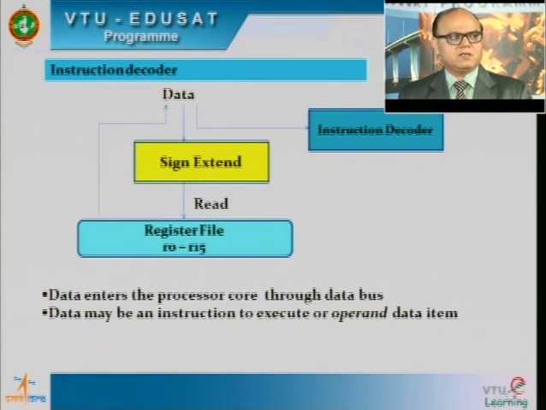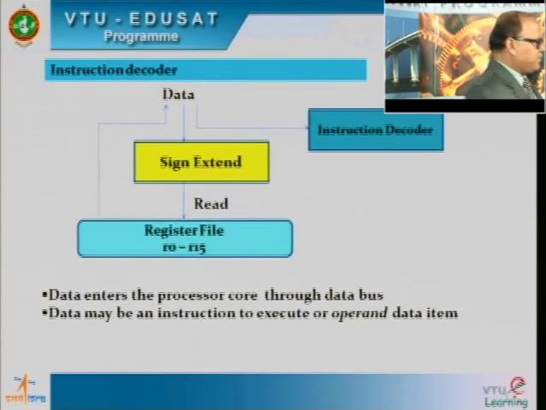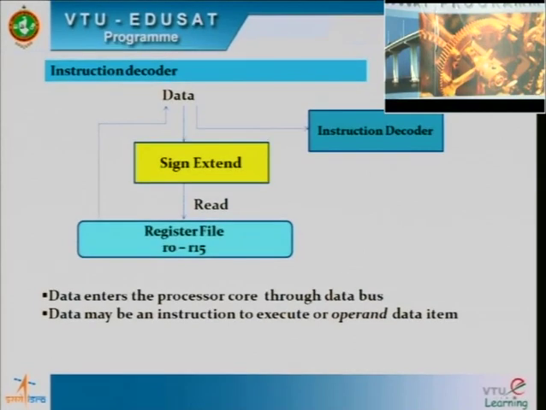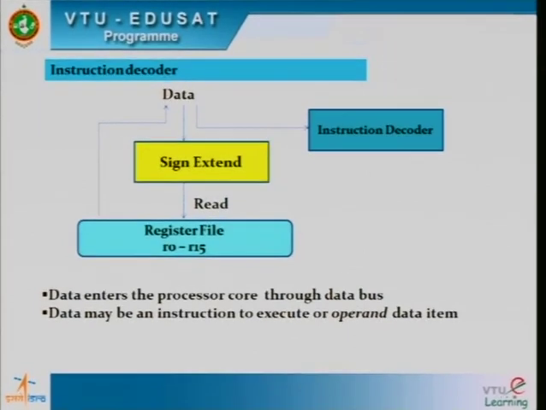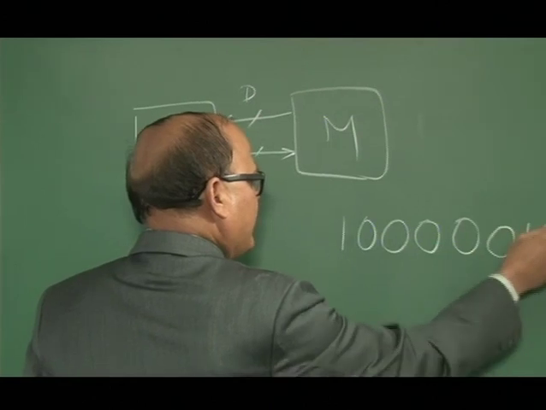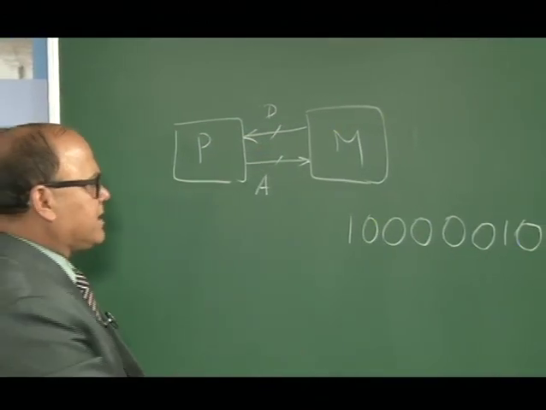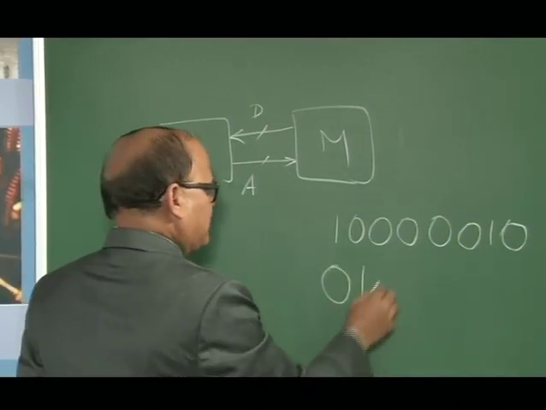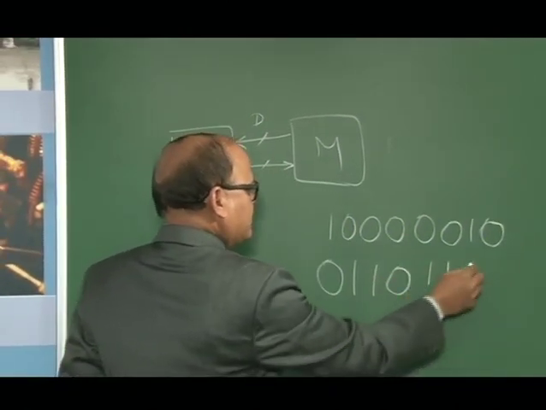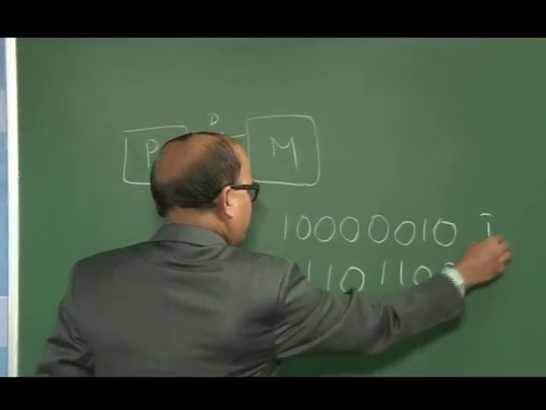In which case, suppose let me take an example. If the byte received is 1000 0010, let me take this as the first example data, and next another example data, let me call 0110 1100. Let me take these two examples.